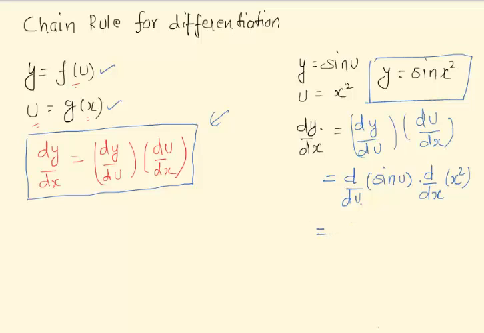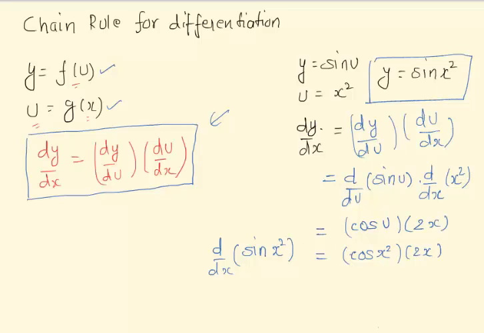So sine u differentiated with respect to u will be cos u, and x square differentiated with respect to x is 2x. Now you can back substitute u here, so it will be cos of x square into 2x, which will be the answer to the differentiation of y is equal to sine of x square. So dy by dx of sine x square is just cos of x square into 2x.